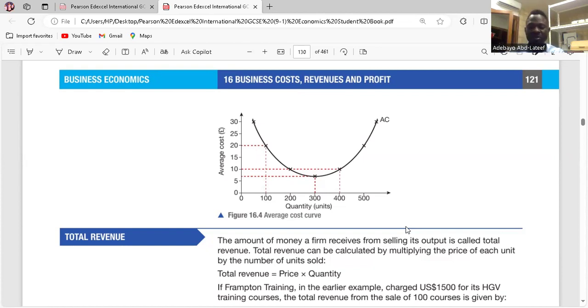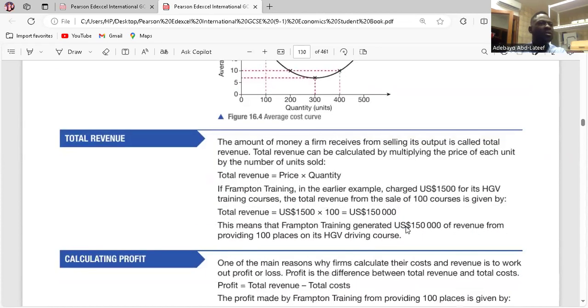So go to total revenue. There's no way we want to talk about cost of production without talking about what brings about that cost. We wouldn't start incurring cost if there's no intention to make profit or intention to sell. If we have incurred this cost as a firm, it's because we want to sell the products that we have incurred cost on.